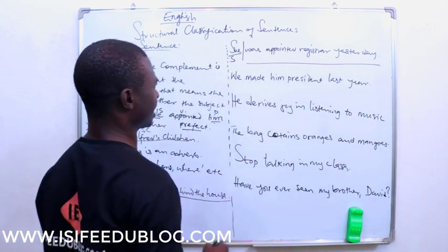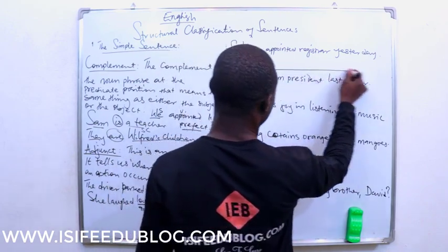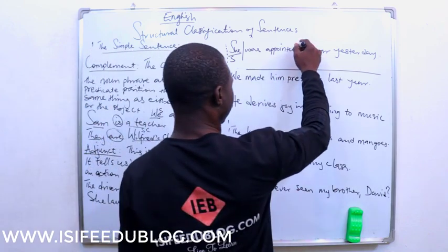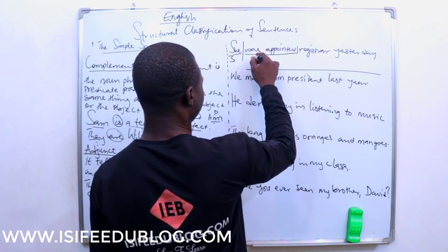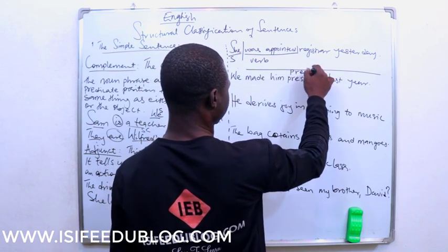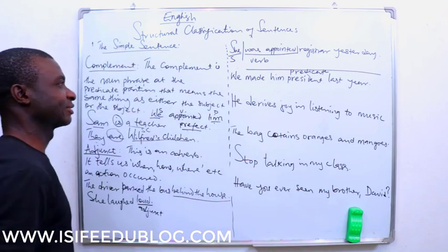So let's now look at parts of the predicate. Remember, parts of the predicate. So here we have the verb. All of this is the predicate. Here we have the verb.